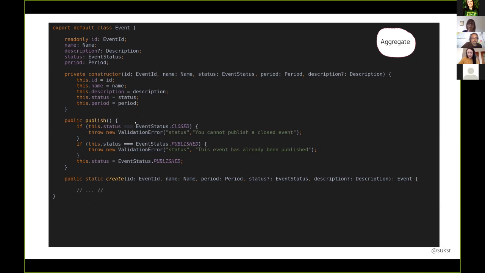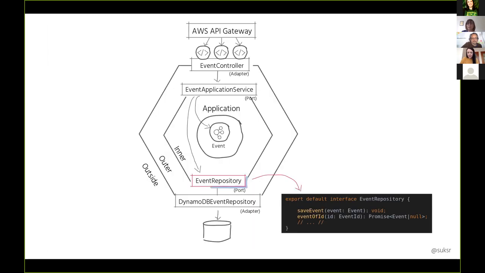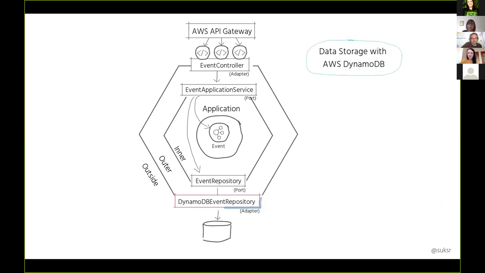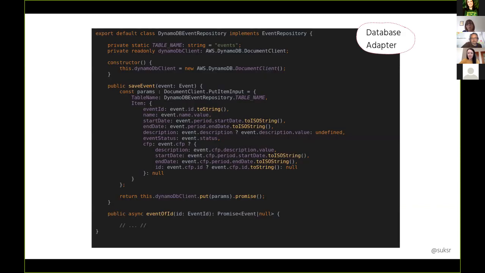That's the application service taking care of it. Then it goes further down to the event repository, which is just an interface that provides some storage mechanism methods, which is implemented by the DynamoDB event repository that stores the event aggregate into a DynamoDB table.